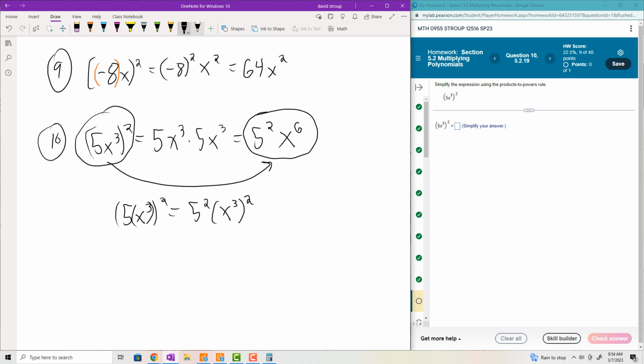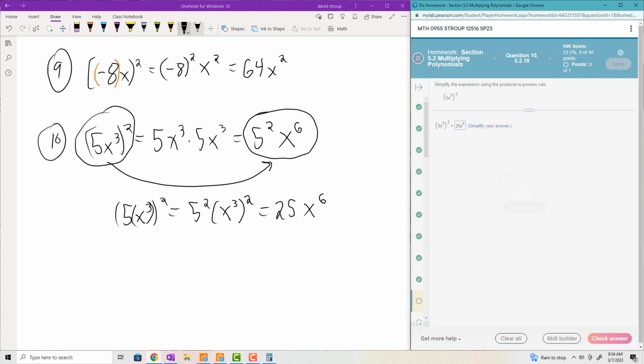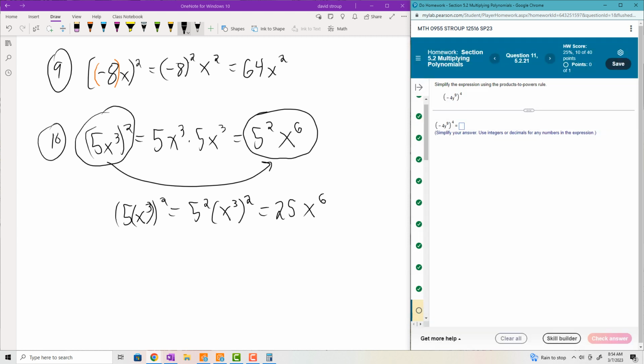So I have x cubed squared. Okay, so the first term will be 25, and then I have to multiply the exponents here, so it'll be x to the 6. So 25x to the 6. All right, let's try another one. This is question 11.